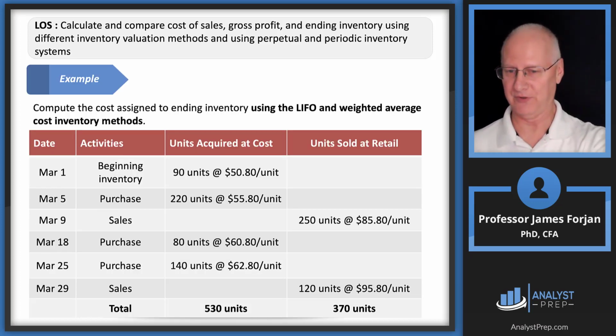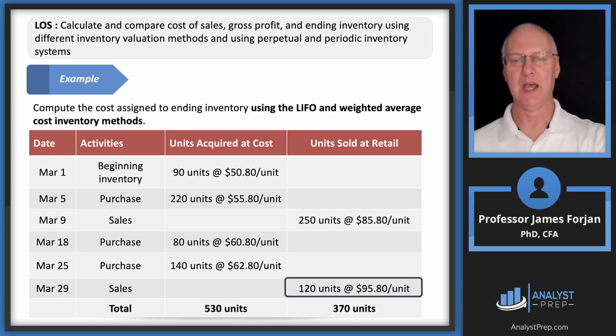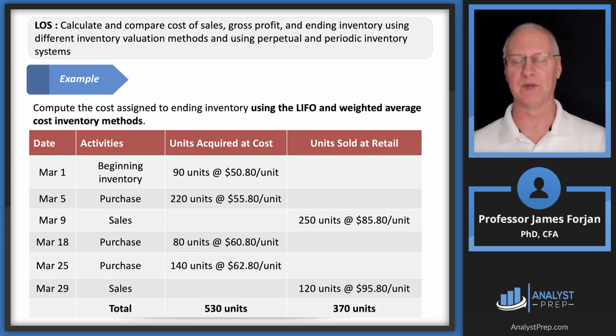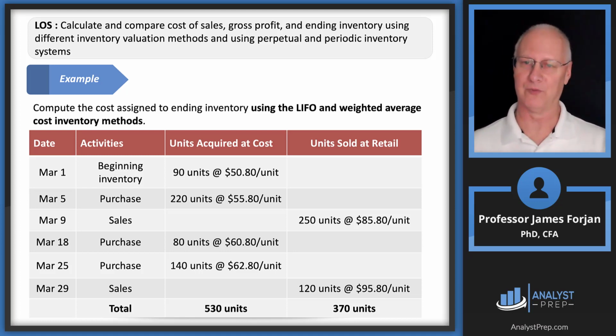So let's do the same thing for our March 29th sale. We sold 120 at 95.80, swinging back to the LIFO method. We had 140 units that we purchased on March 25th, which must mean that we sold 120 out of those 140.